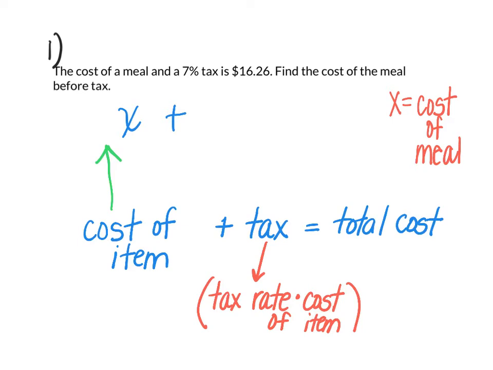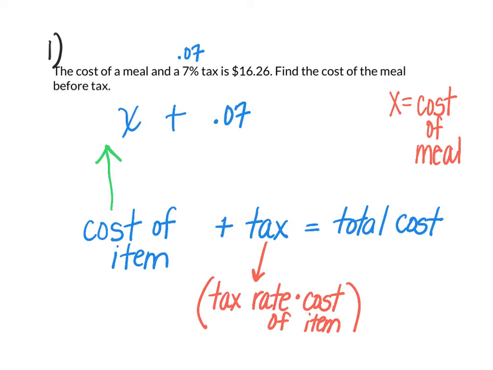Remember, the tax is the tax rate times the cost of the item. My tax rate is 7%, but I need to write that as a decimal, which means 0.07.